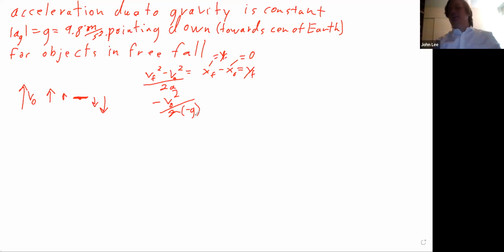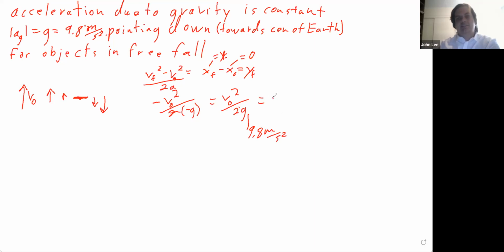It's pointing down, so it's going to have a value of negative g rather than positive g, which is going to be equal to v naught squared over 2g, where g is the 9.8 meters per second squared.